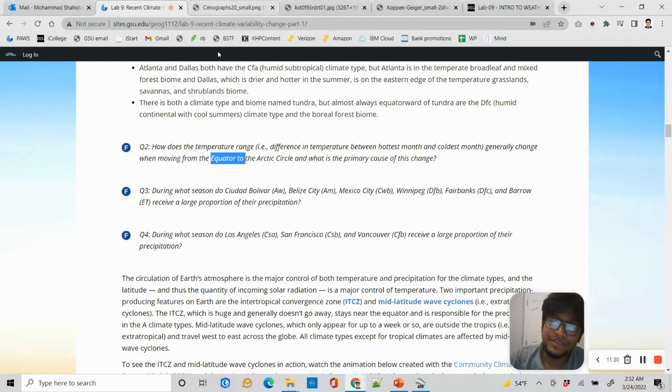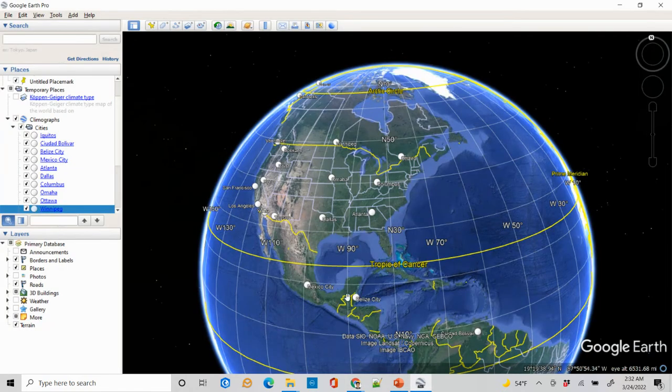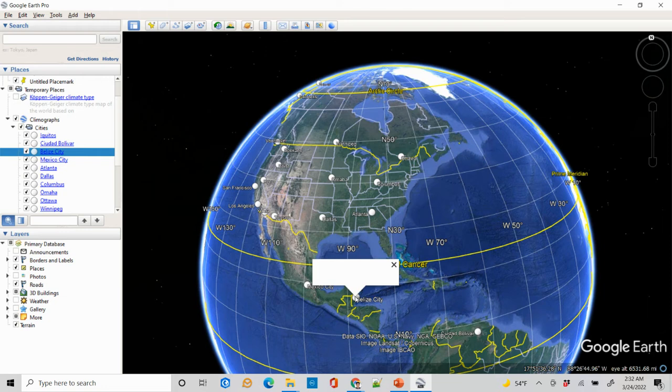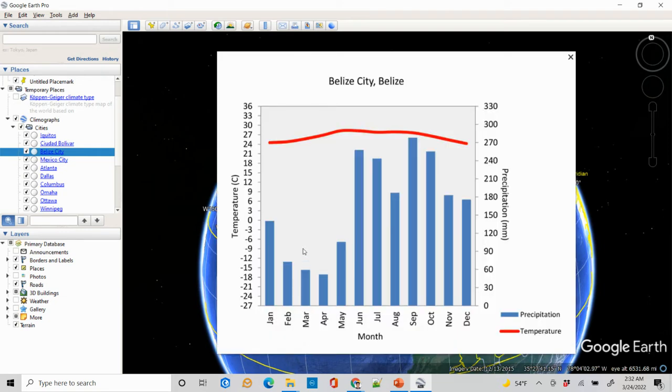So Belize City is at the equator, and Fairbanks is almost in the polar region or the Arctic region. So you can get the trend. If you look at Belize City, the temperature in red, you see the temperature variability isn't that high.